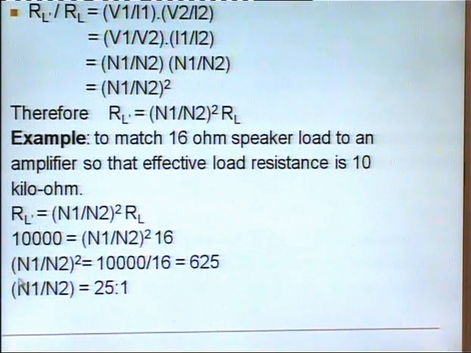Substituting the values, with a simple mathematical calculation, (N1 by N2) square is equal to 625, N1 by N2 is equal to the square root of 625, that is 25. So, the turns ratio N1 by N2 provided by your transformer coupling is 25:1. That means you have designed your transformer coupled amplifier for this turns ratio 25:1 by employing these two resistance values, that is 16 ohm and 10 kilo ohm.